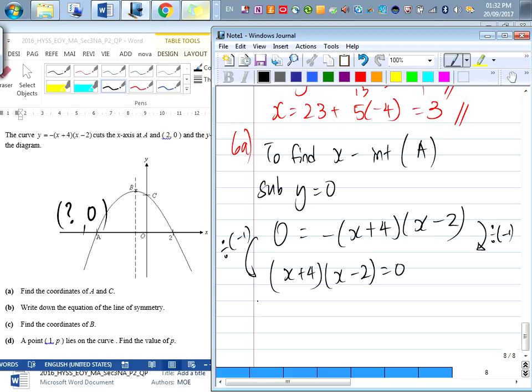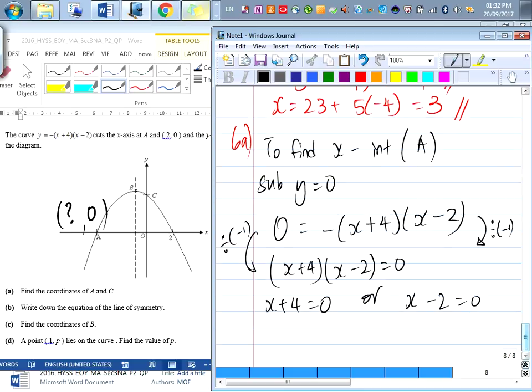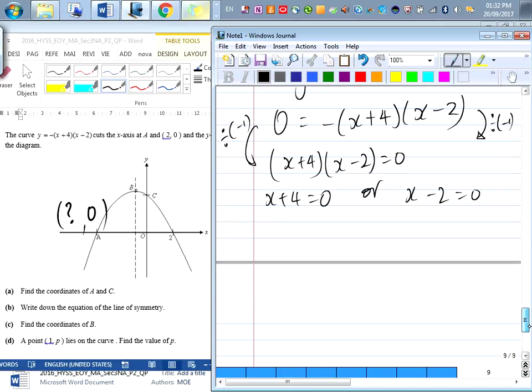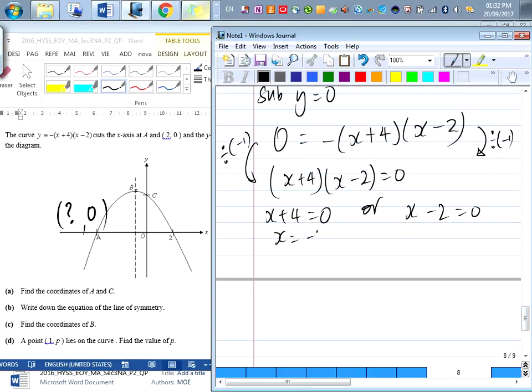So there are two options. Either x plus 4 equals 0 or x minus 2 equals 0. But you still get the correct answer if you are careful. Okay, then from here, x equals negative 4 or x equals 2.